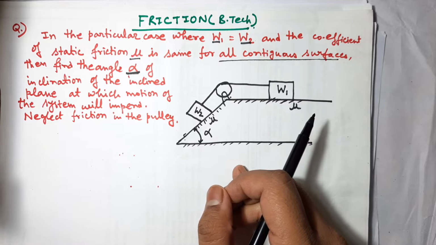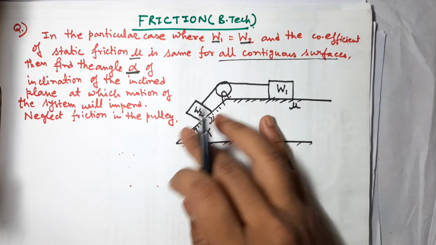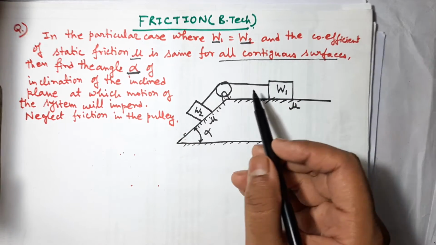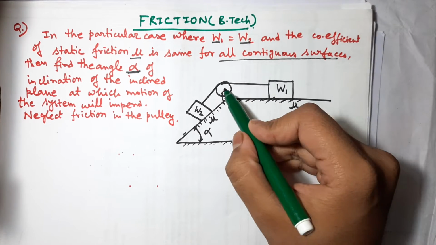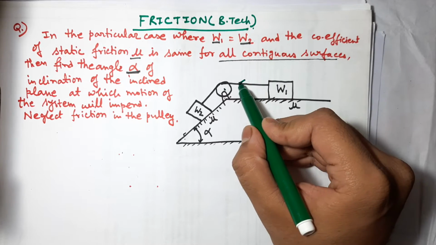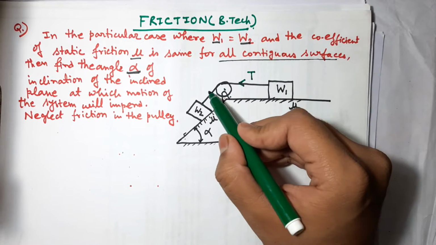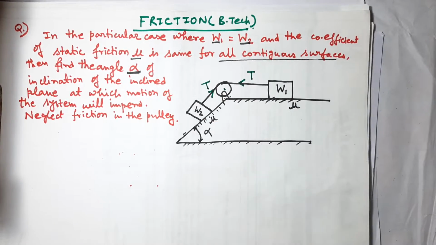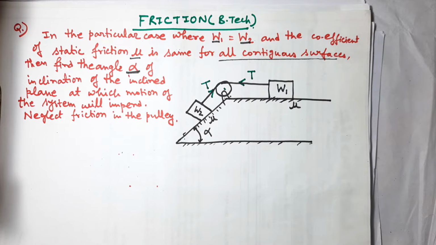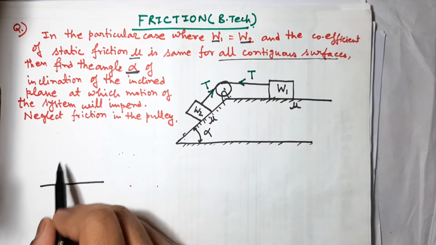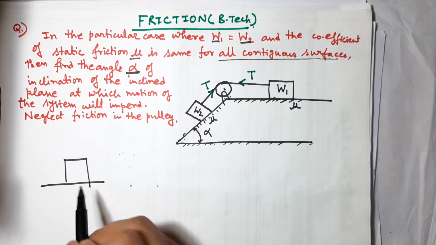So how can you find it? Let's start. Suppose this is the pulley, and here the tension is T and here the tension is T. Let's start with the free body diagram for W1. This is the W1 block.